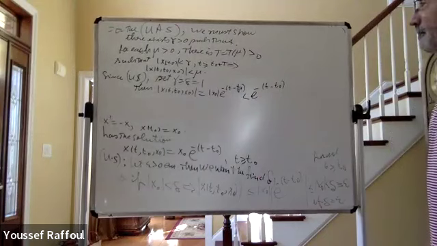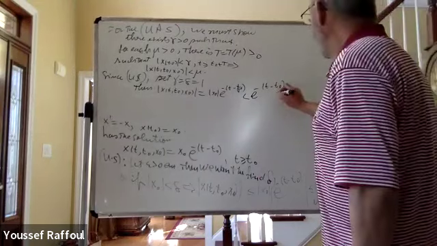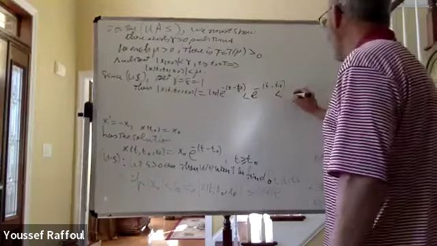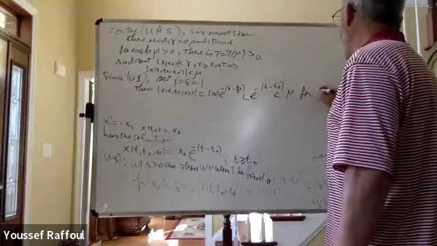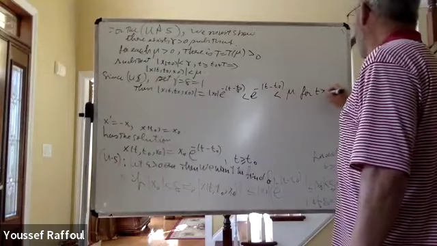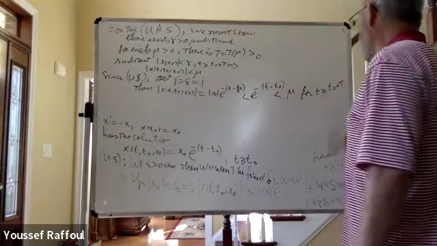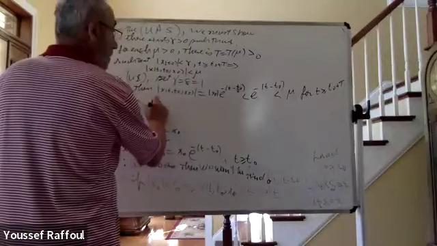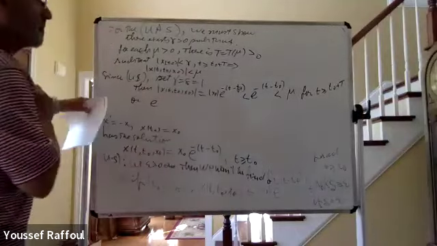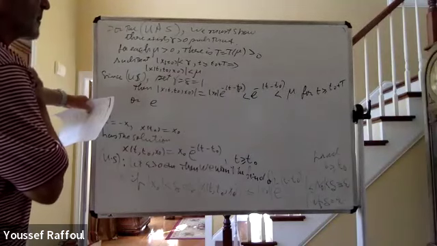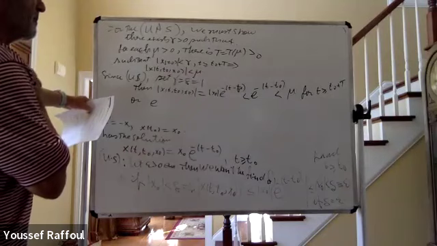Now we want this less than mu for t bigger or equal to t naught plus t.